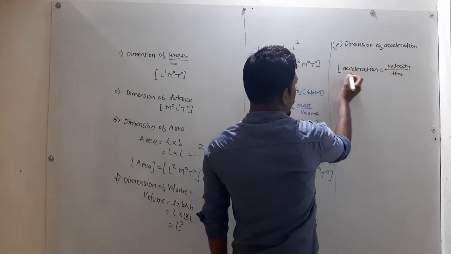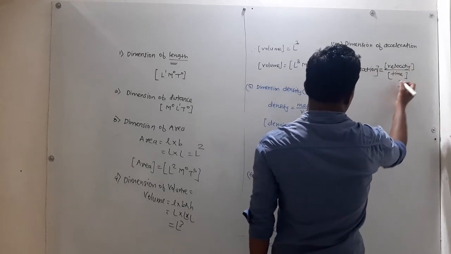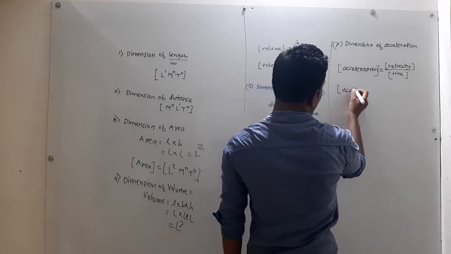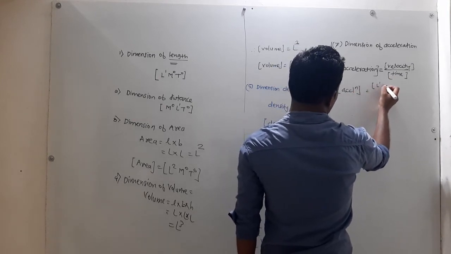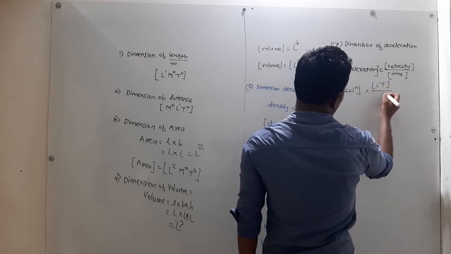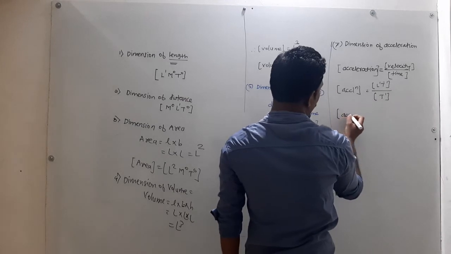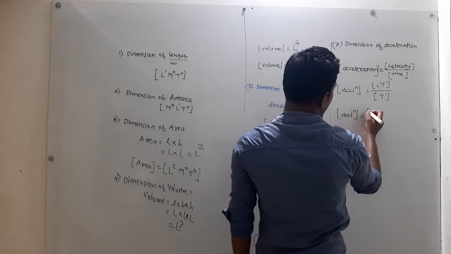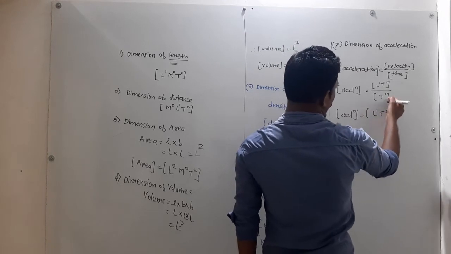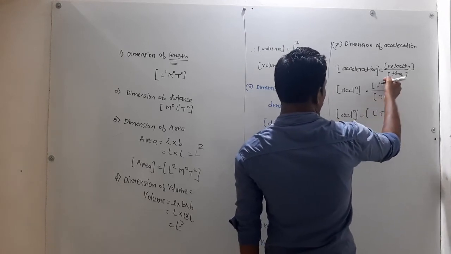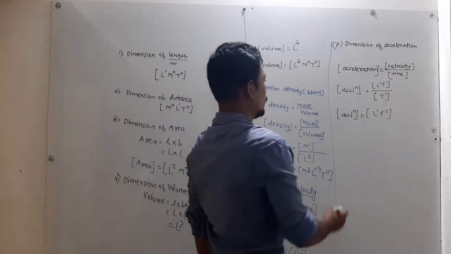That is, dimension of acceleration is equal to dimension of velocity upon time. Dimension of velocity is L raised to 1, T raised to minus 1. Dimension of time is T raised to 1. That is L raised to 1, T raised to minus 2, because minus 1 into minus 1 is minus 2, right? This is the dimension of acceleration.